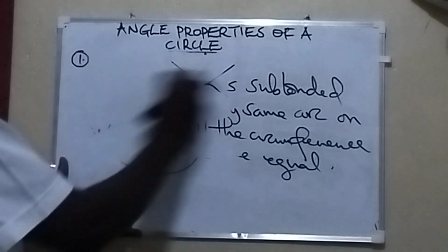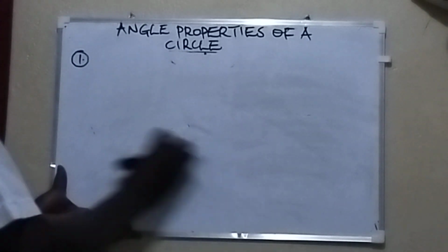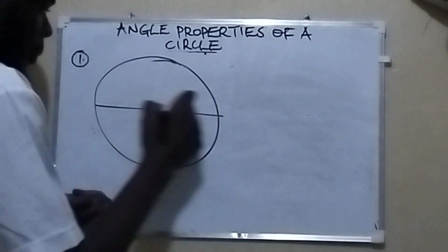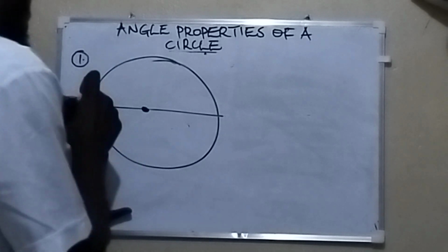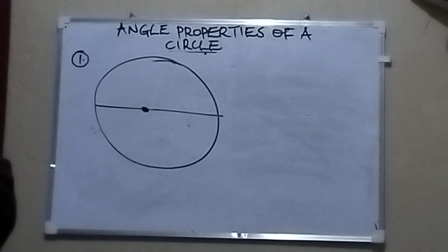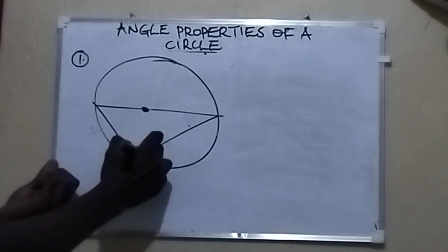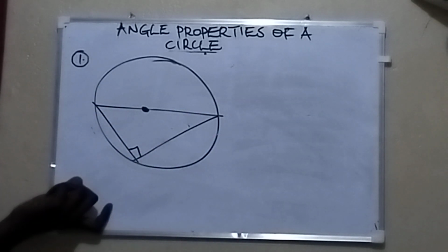So the second property, if you have a circle, then you have a chord passing through the center. So if you have a chord passing through the center, then this one becomes the diameter. If that chord subtends an angle at the circumference, that angle will be 90 degrees.